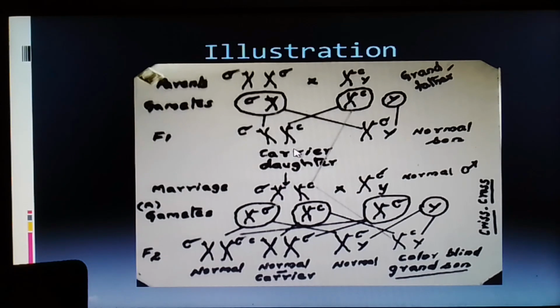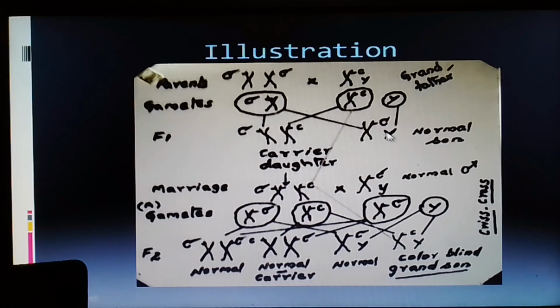But phenotypically it is normal, the female seems normal. But genotypically it carries the heterozygous condition. That means one of the X chromosomes has the capital C gene and the other X chromosome has the small c gene.